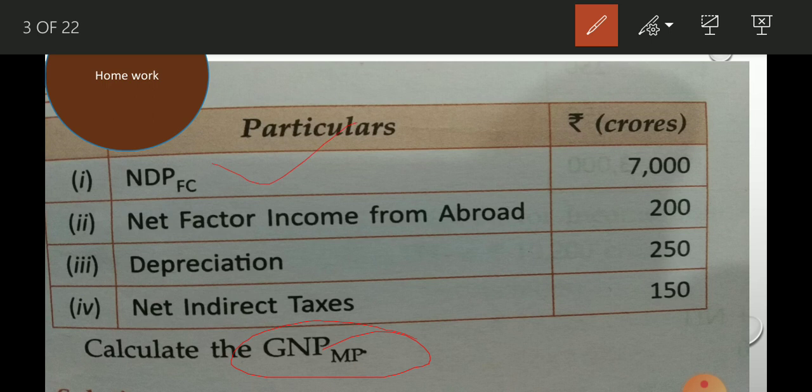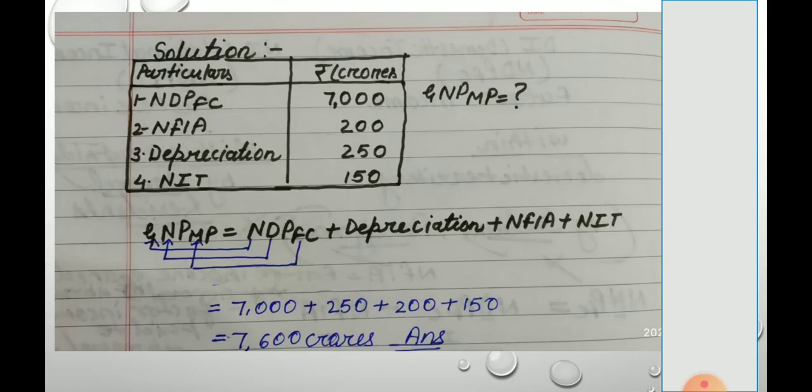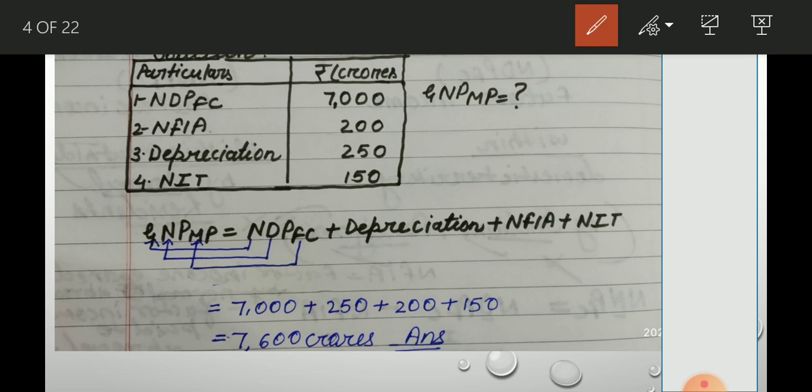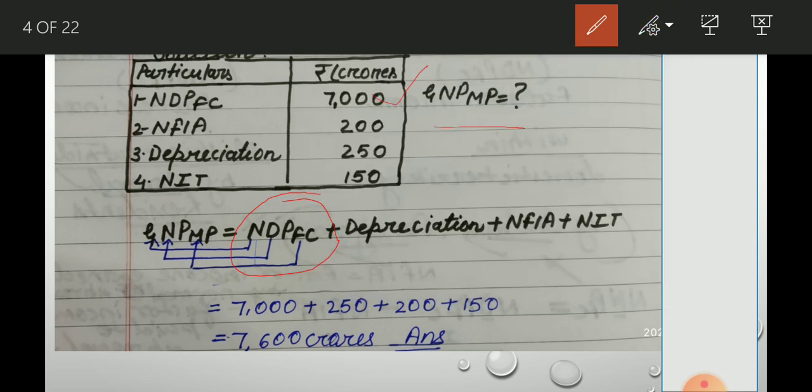Let us understand how we get the answer. So in this question you have to calculate GNP MP. NDP FC has been given, its value is 7,000. When we are moving from net to gross, we will add depreciation.